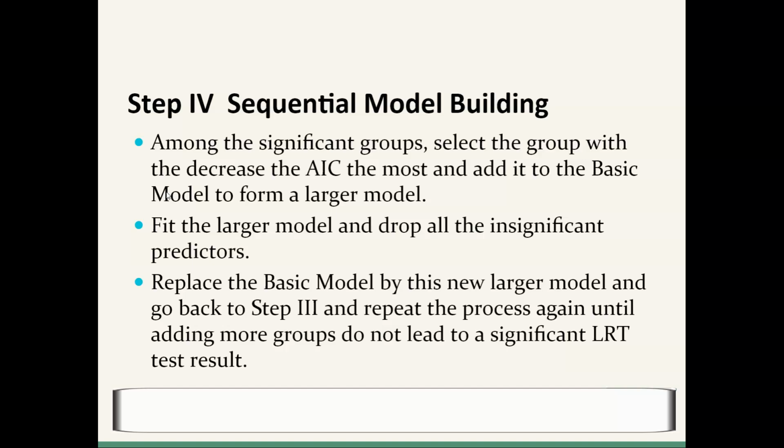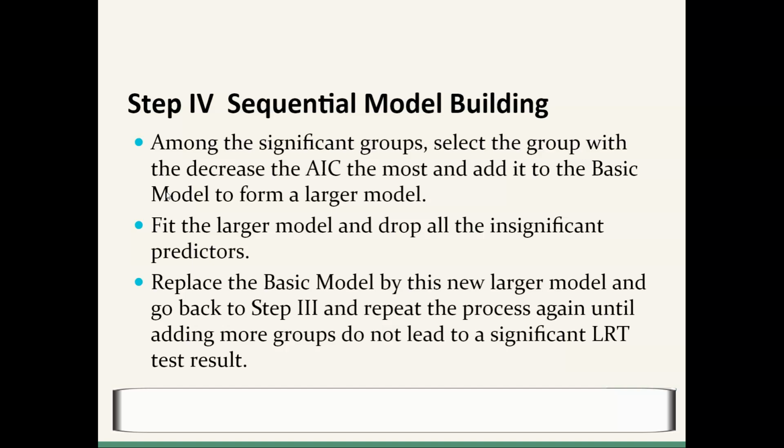So after step 3, we'll have several significant predictor groups. Among the significant groups, you can select the group which decreases the AIC value the most, and then add it to the basic model to form a larger model.